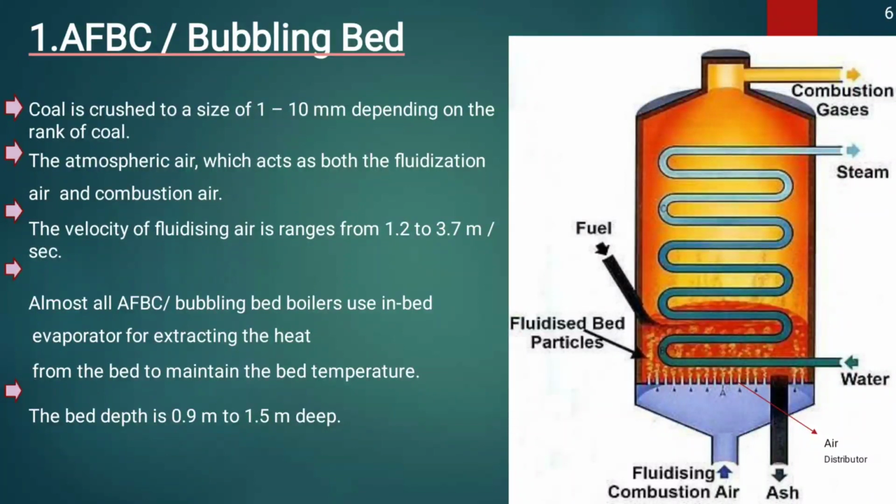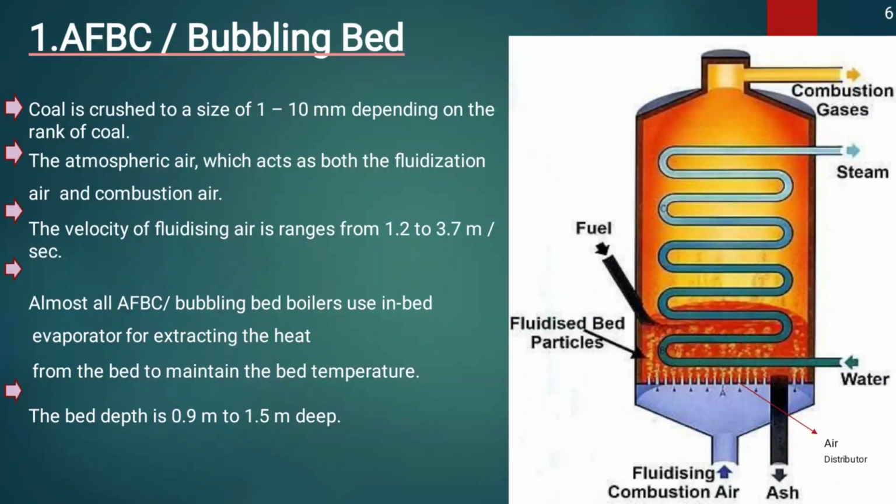The coal is crushed to a size of 1 to 10 millimeter depending on the rank of coal. The atmospheric air acts as both the fluidization air and combustion air. The velocity of fluidizing air ranges from 1.2 to 3.7 meter per second.